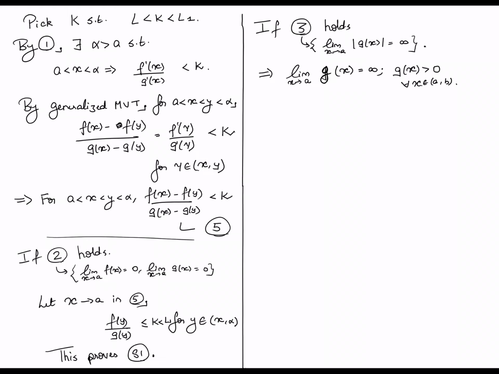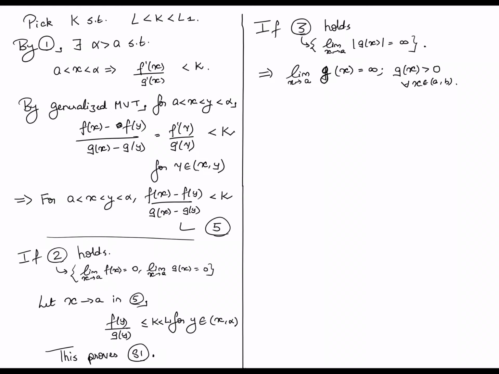The only way g could be strictly decreasing and tend to infinity as you approach a from the right is if it's actually approaching plus infinity and g is positive throughout. So keep this in mind that g by our hypothesis is actually positive throughout if 3 holds, and the limit is actually plus infinity for g itself, without the absolute value wrapped around.